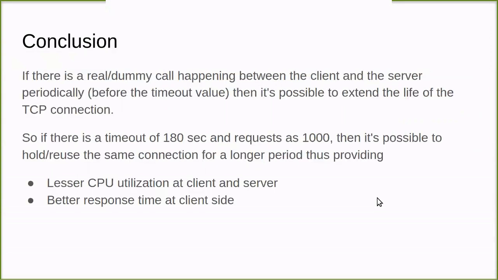So the conclusion here is that if there is a real or a dummy call happening between the client and the server periodically, before the timeout value occurs, then it is possible to extend the life of the TCP connection beyond the timeout value configured.